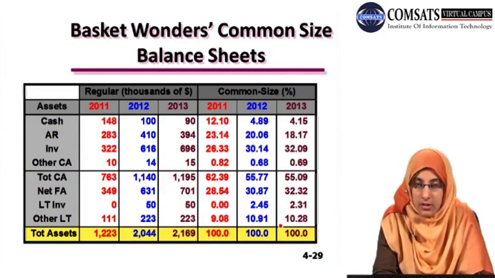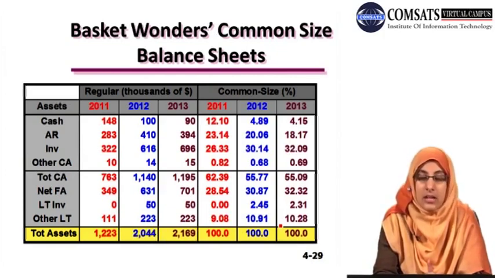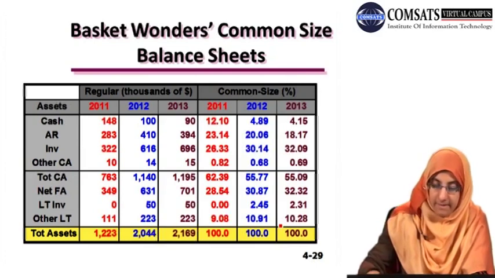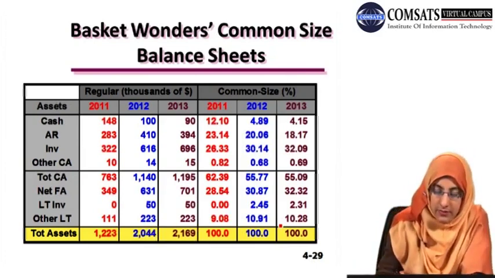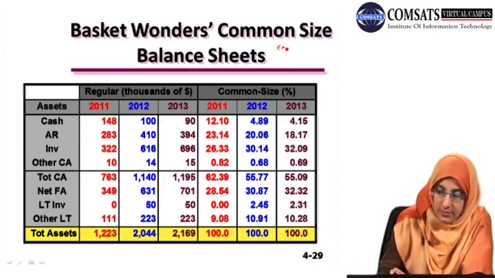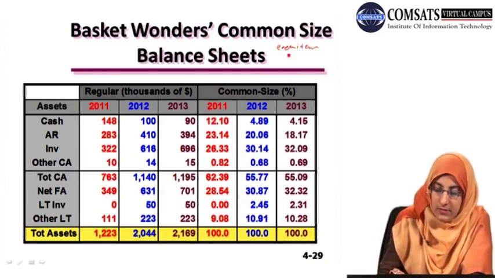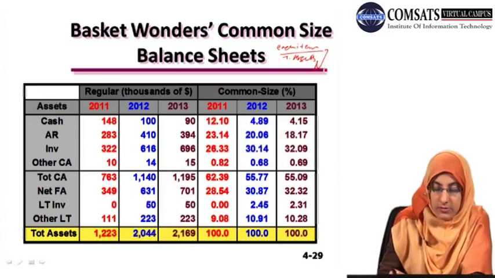If we go for common size analysis, it means that we have to divide each item of each year by your total assets. So each item divided by your total assets would give this value.